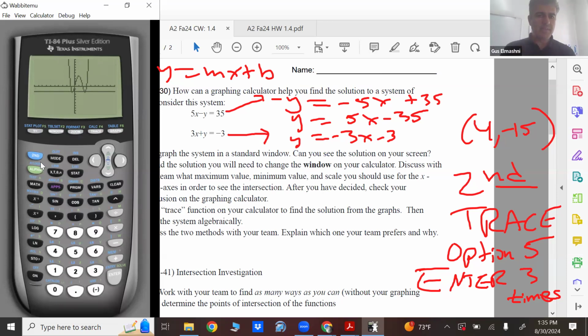Actually, let me switch that to a -1. Okay, how many times are these touching? That horizontal line, how many times is it touching that graph?